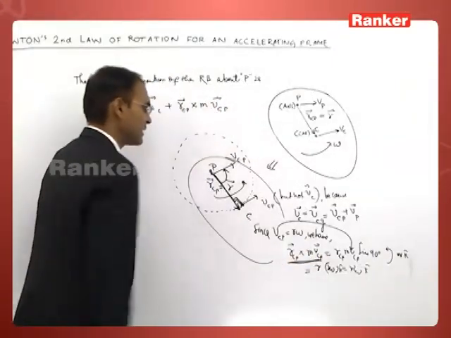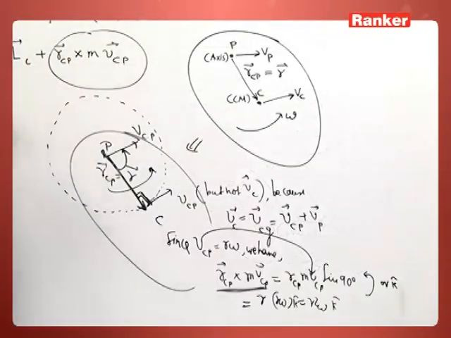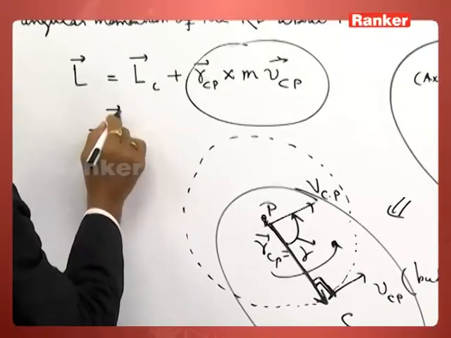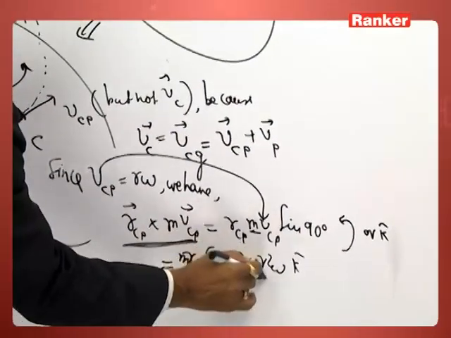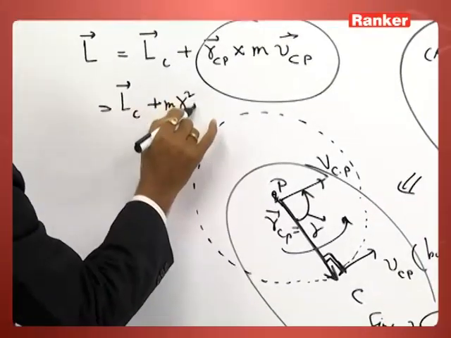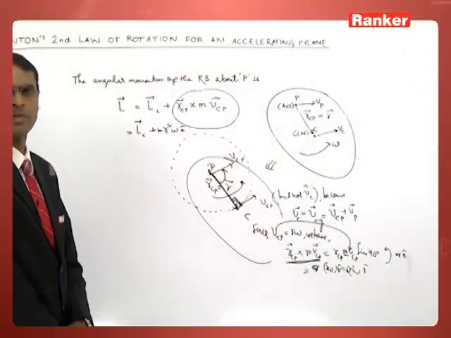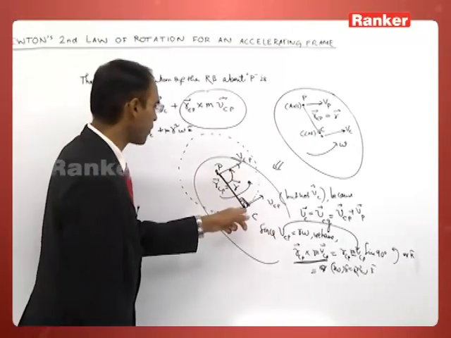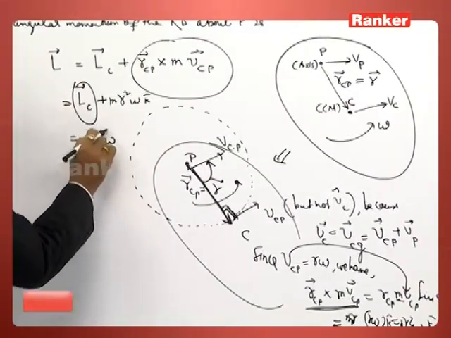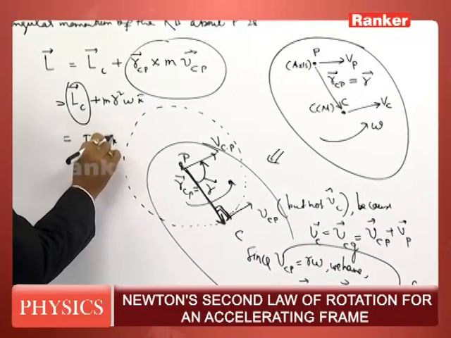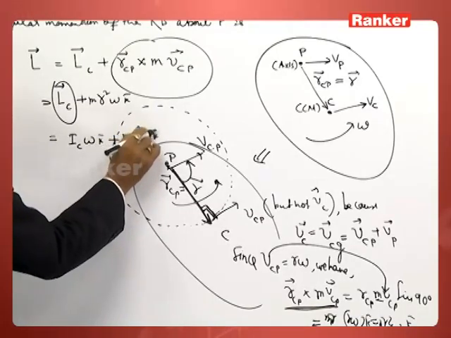Therefore, this factor can be written as R square into omega, m is multiplied. Therefore, this is m r square into omega k cap. The moment of inertia of the rigid body about the centroidal axis, as we know, this is IC into omega k cap plus m r square omega k cap.